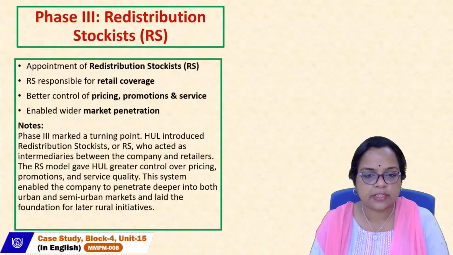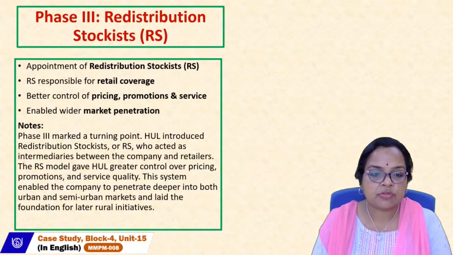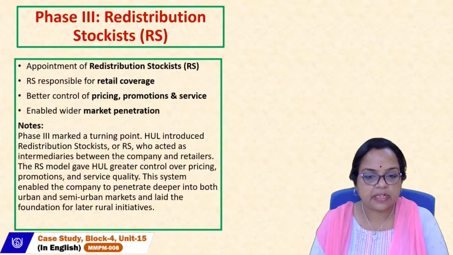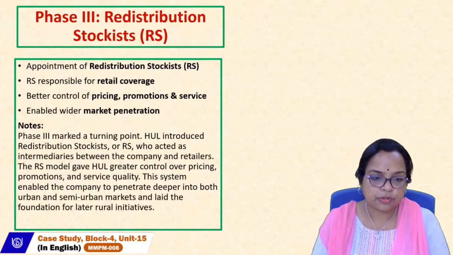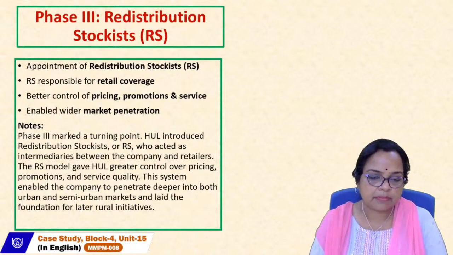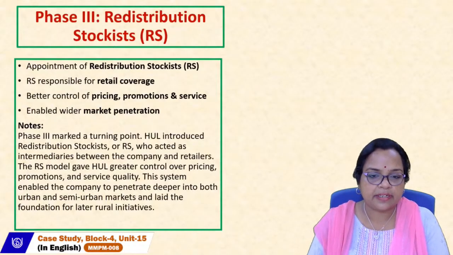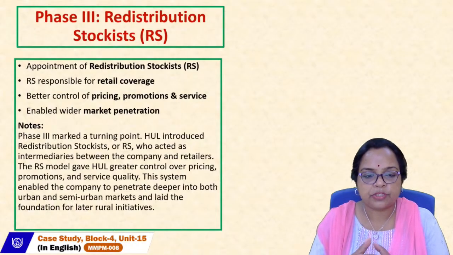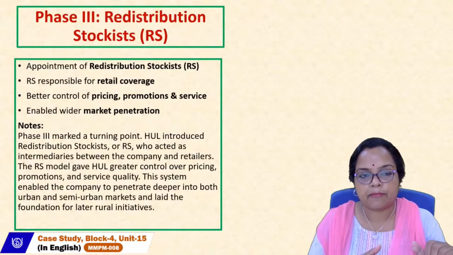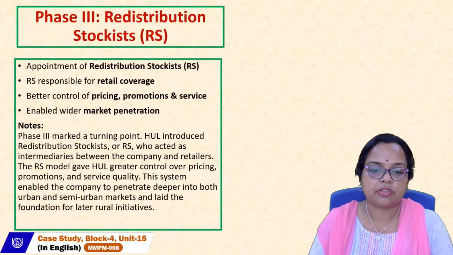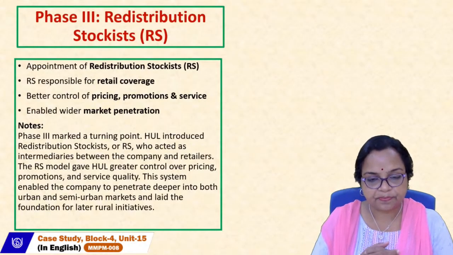This RS model gave HUL greater control over pricing, promotion, and service quality, because the stockist played the role of communication leader between the company and the retailers. They also collected information and made the company aware of the real-time market situation in rural areas.